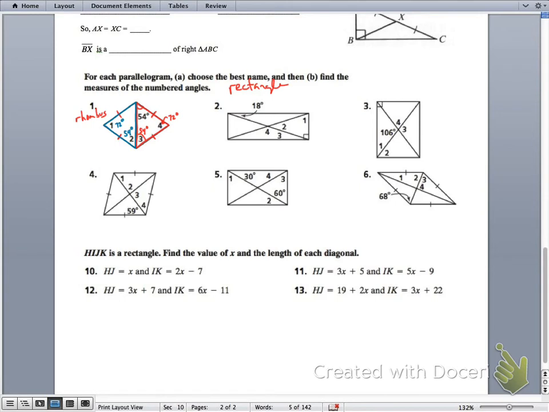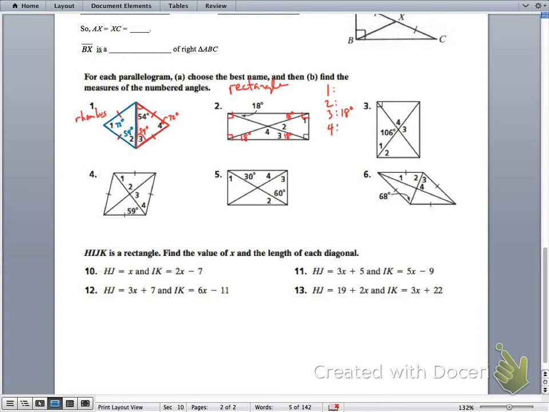Now, how do we find what these angles are? We need to keep in mind that we have alternate interior angles. This is a parallelogram, so that 18-degree angle that's given is the same as angle 3. And because it's a rectangle and a parallelogram, there are all sorts of angles that are equal to 18 degrees.